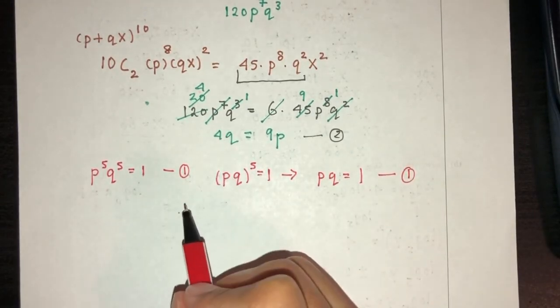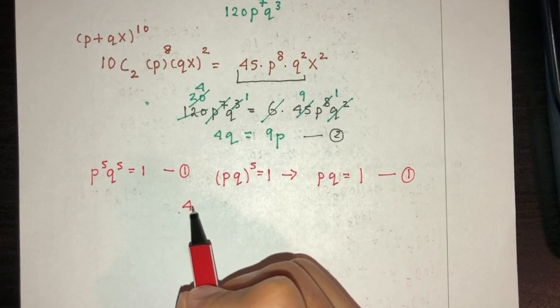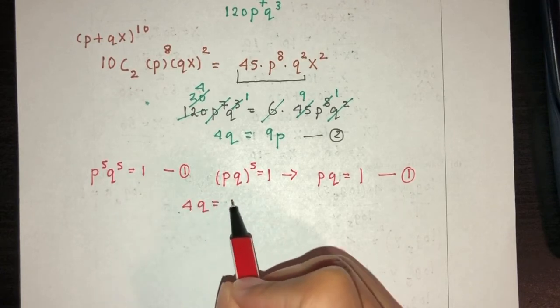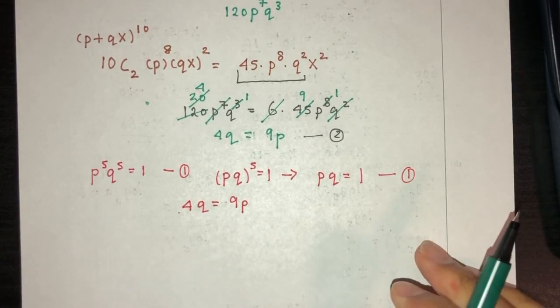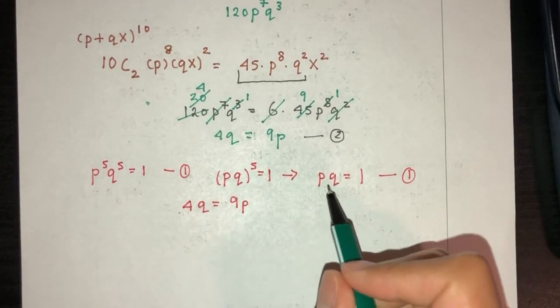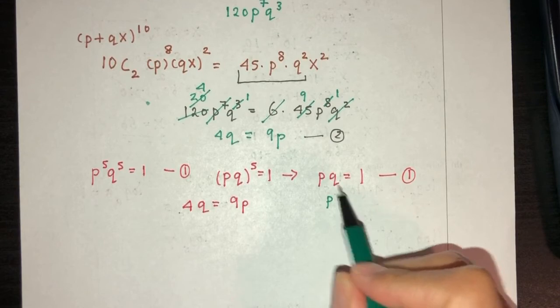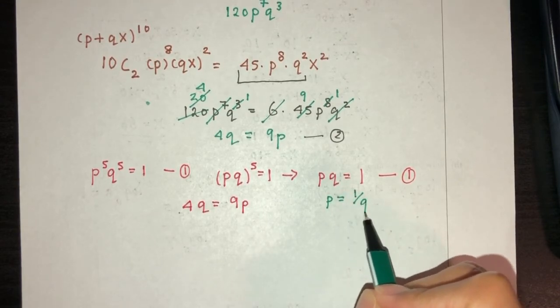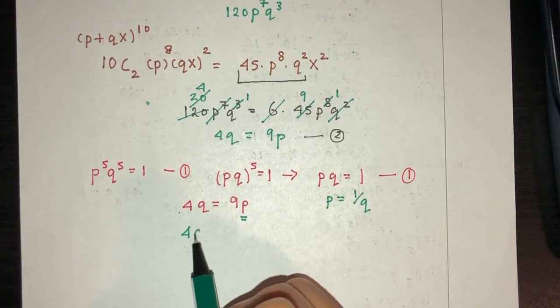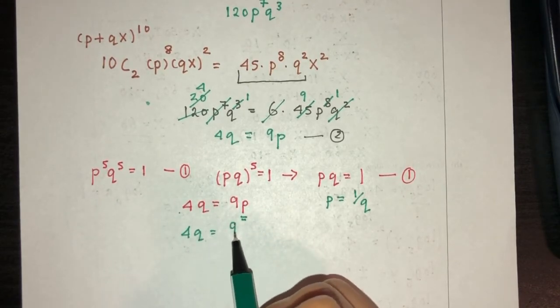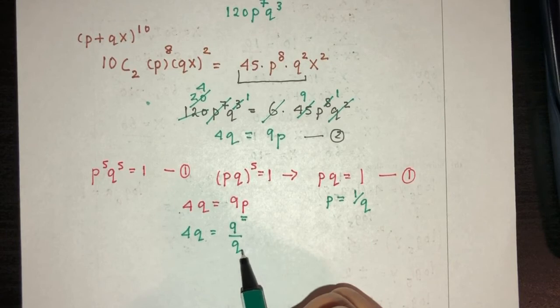Then I have this one, 4q is equal to 9p. Now what we can do here is make p the subject of formula from the first one, so p becomes 1 over q. Replace p here, you will have 4q equal to 9, p is 1 over q.